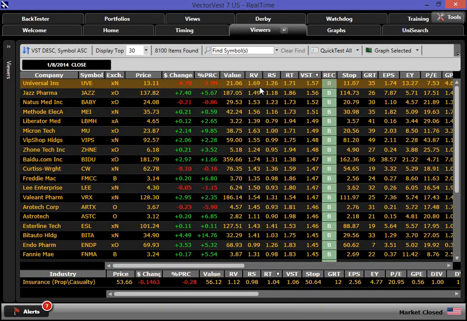If 1 is neutral, then 0 is as low as it goes, and 2 is as high as it goes. So we know that these scores for RV, RS, and RT are all favorable because they're above 1. Very simple. Let's talk about what these indicators are.